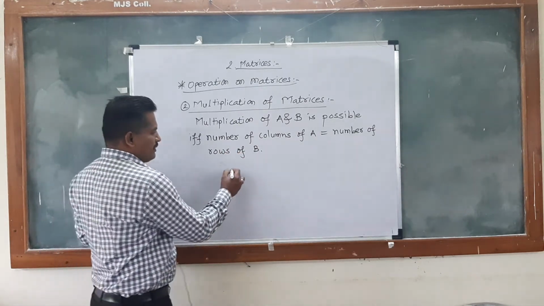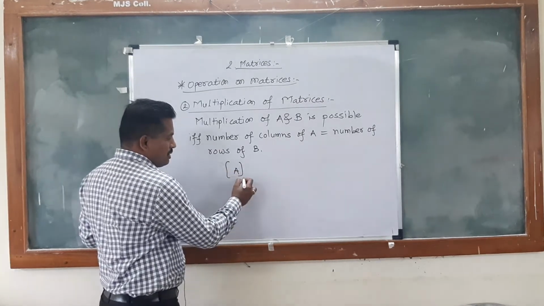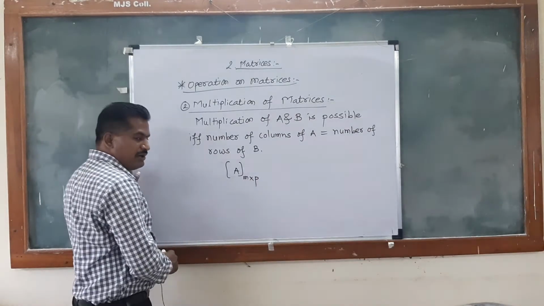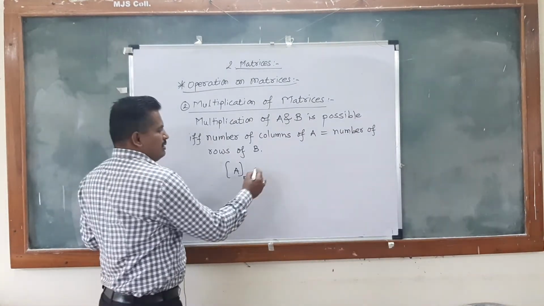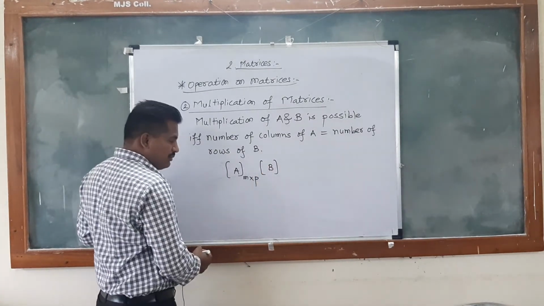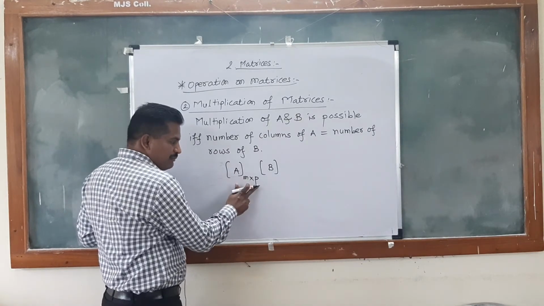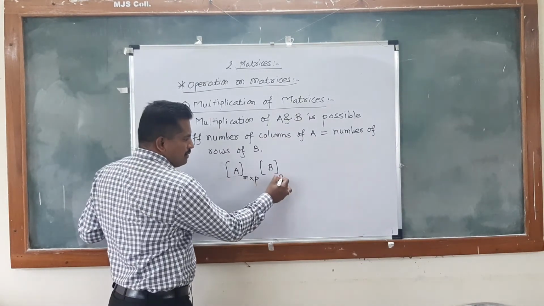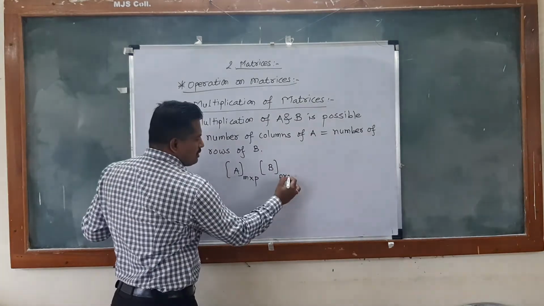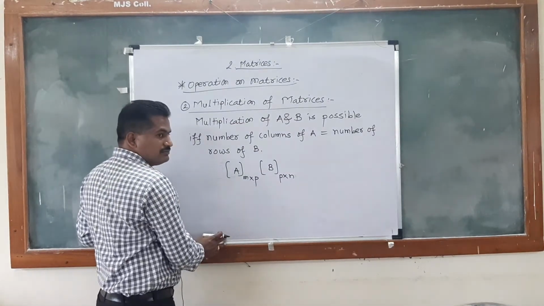That means if A has order m by p, then multiplication of A into B is possible if and only if the number of columns of A is p and the number of rows of matrix B is p.